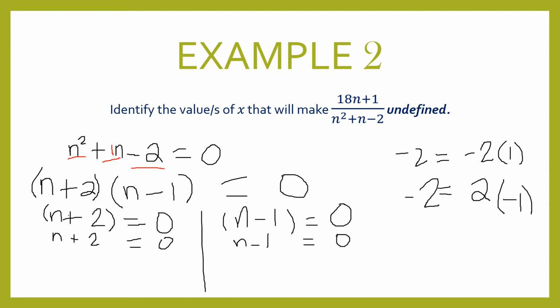Okay, next. So, kagaya nung ginawa natin nung first example, addition property of equality. Dito tayo muna sa unang factor, n plus 2 is equal to 0. Since this is positive 2, kabaligtaran niya is negative, we need to apply the subtraction property of equality. We need to subtract both sides by 2.